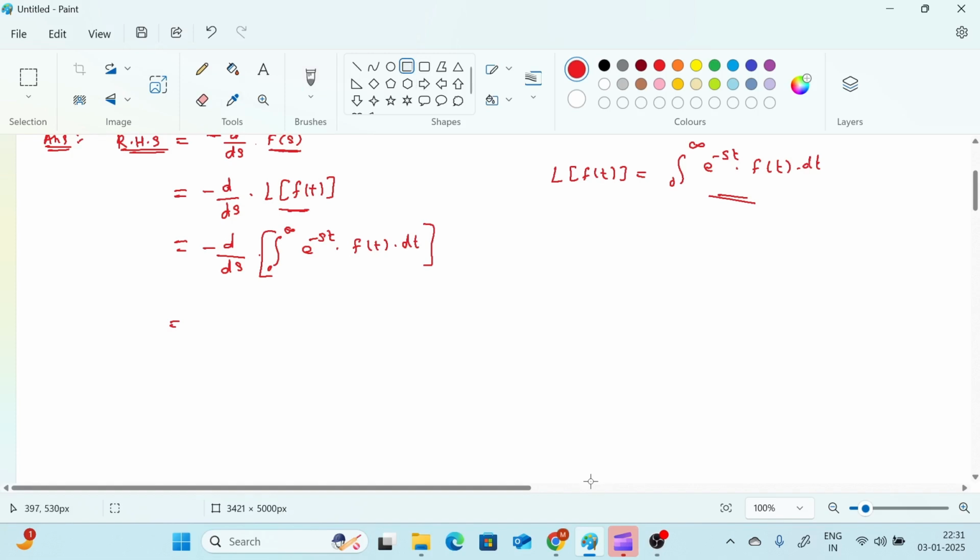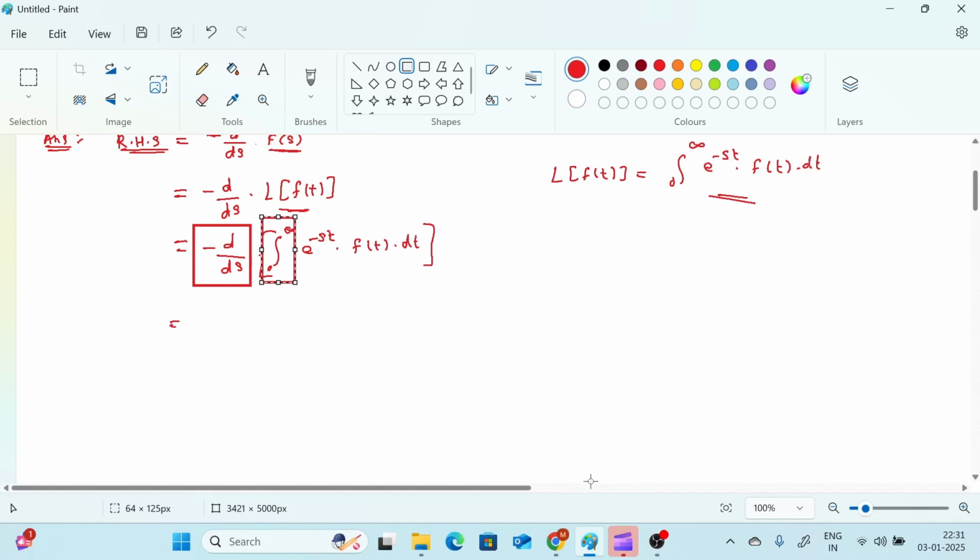This is the differentiation, and this is the integration. So in one equation, we have to differentiate and we have to integrate.